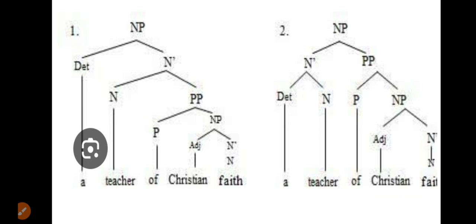Here we have separated the determiner and then the noun, and then we say noun, again that noun, and then the prepositional phrase is the branch of noun. Here they said that it is a direct noun phrase: the prepositional phrase is the branch of the noun phrase directly. That is also good, but I think the second one is more feasible than the first one.